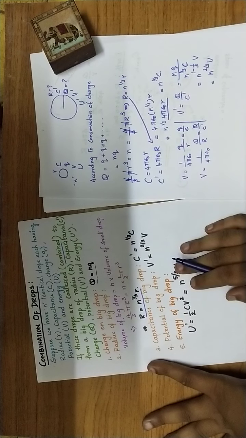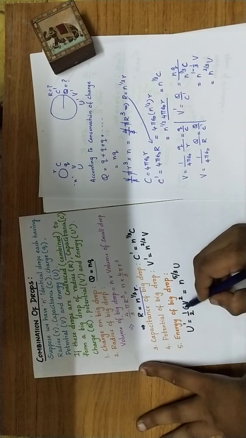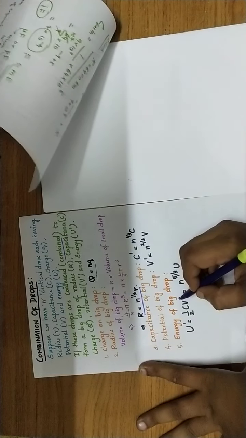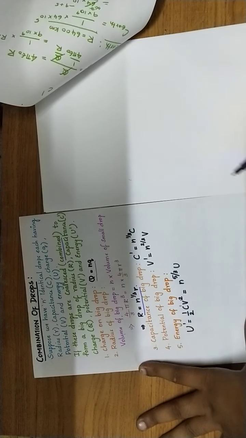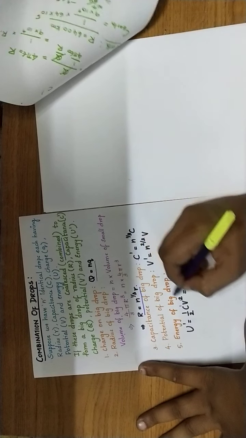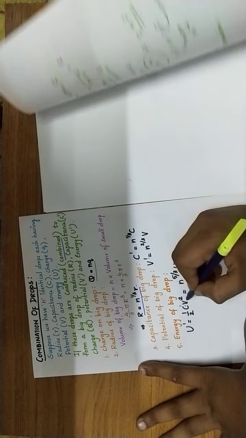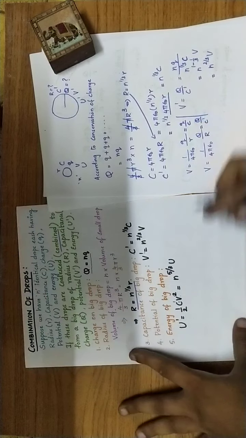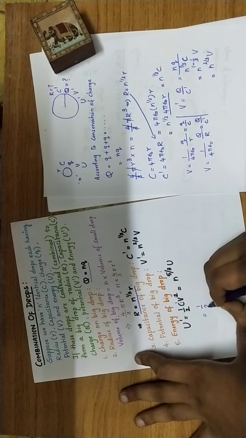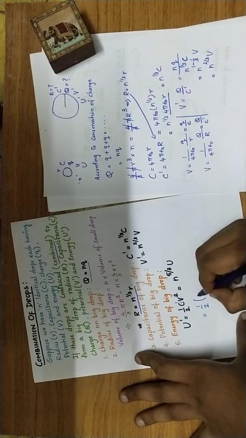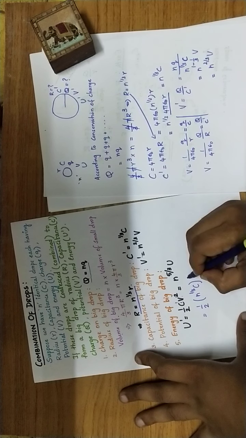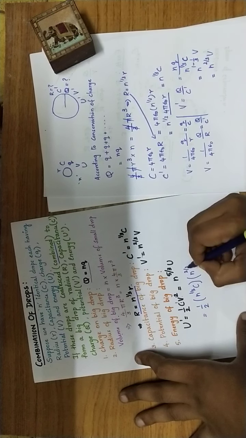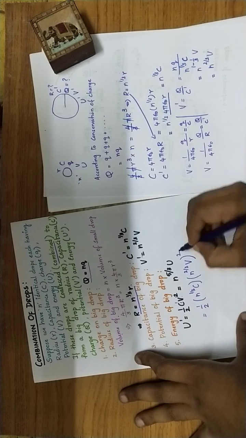Similarly, the energy of the big drop is simple, because we know that U prime is equal to half C prime V prime square. C prime is substituted in this place and V prime in this place. Therefore you will get 1 by 2 n power 1 by 3 C, V prime is n power 2 by 3 V, whole square.